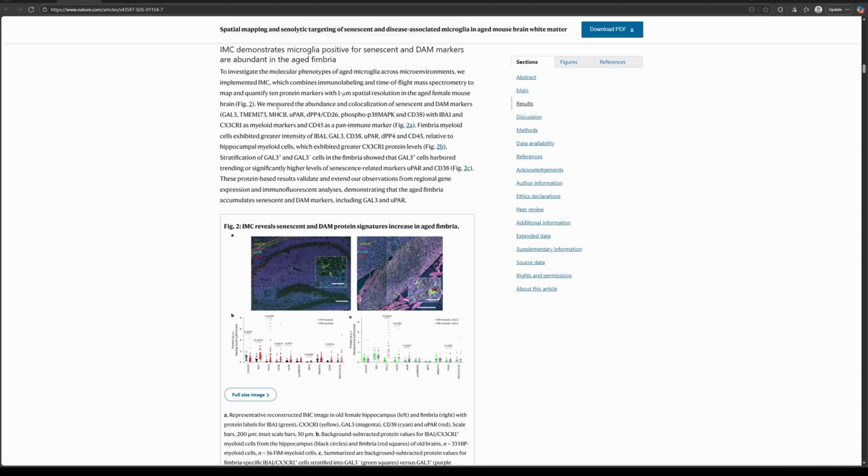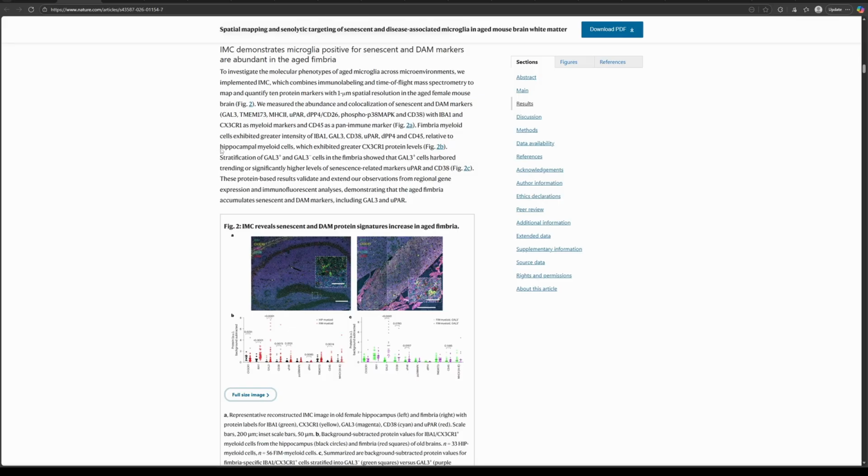We measured the abundance and colocalization, so if they were found together, of senescent and DAM markers. 1, 2, 3, 4, 5, 6, 7, 8, 9, 10. So these are the 10 markers that they're talking about.